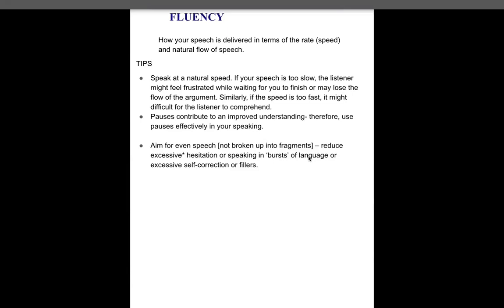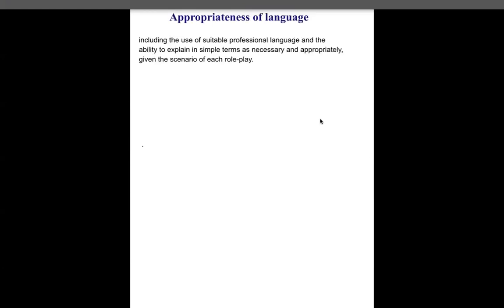You have to be clear, because when you use ums and ahs in between your sentences, it affects your clarity and your fluency as well. I've seen a lot of cases like this with students. They take a lot of time to speak, and half of the sentence consists of ums and uhs. So try your best to reduce any hesitations and self corrections.